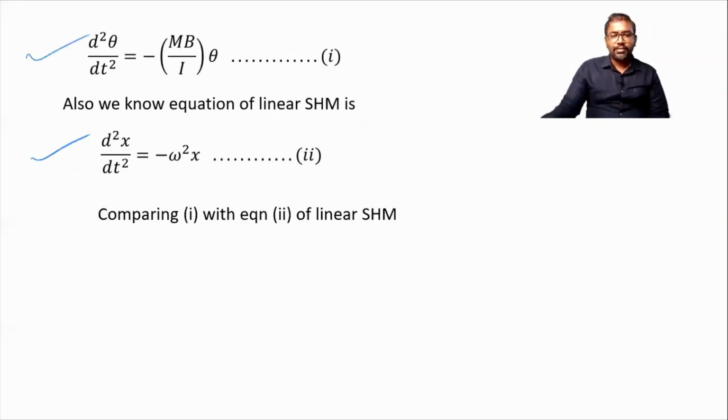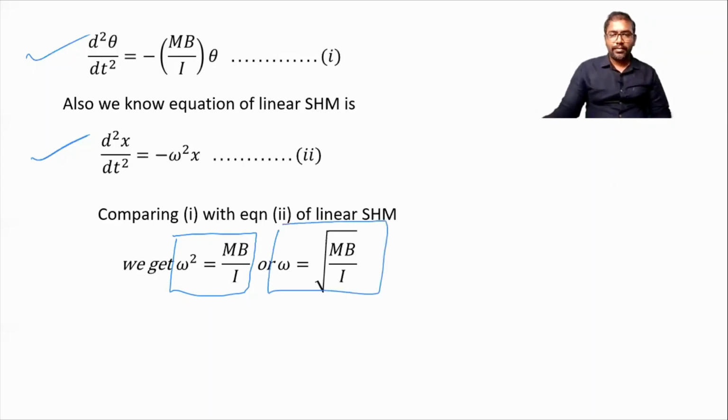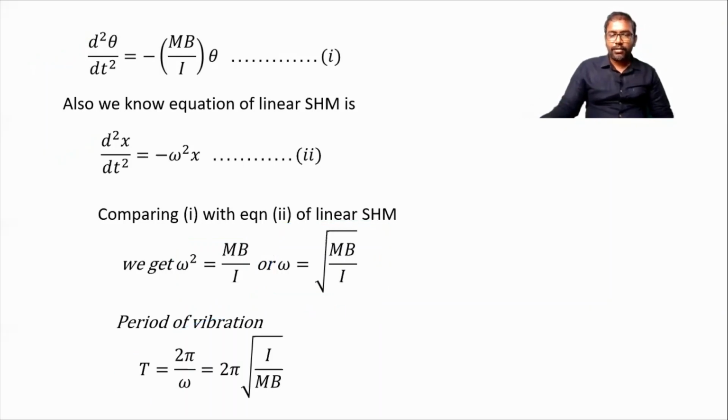By using equation 1 and equation 2, we can write omega square is equal to mb divided by I, or omega is equal to under root mb by I. So we can write the period of vibration here. Period is 2 pi by omega, and this omega we substitute in the formula of period. Then we get a formula for the period of vibration.